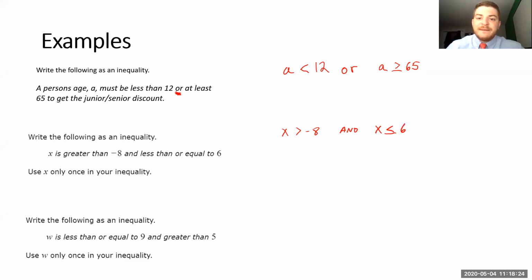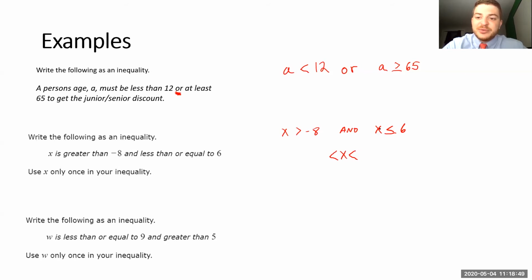Okay. So if we're thinking about how we would write this as one, well, remember, the x needs to go in the middle. And I always told you that if you use less than signs, you can always put the lower number on the left and the higher number on the right. So in this case here, we're going to use a less than, and we got to think, okay, well, one of these is going to have to be a less than or equal to.